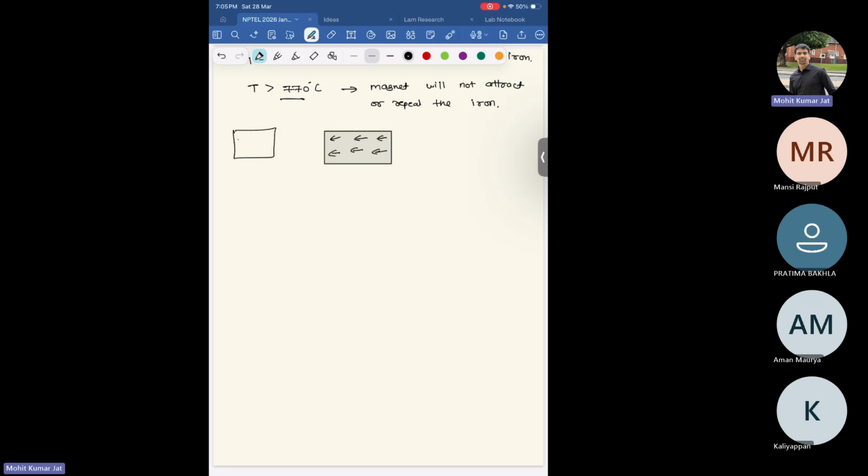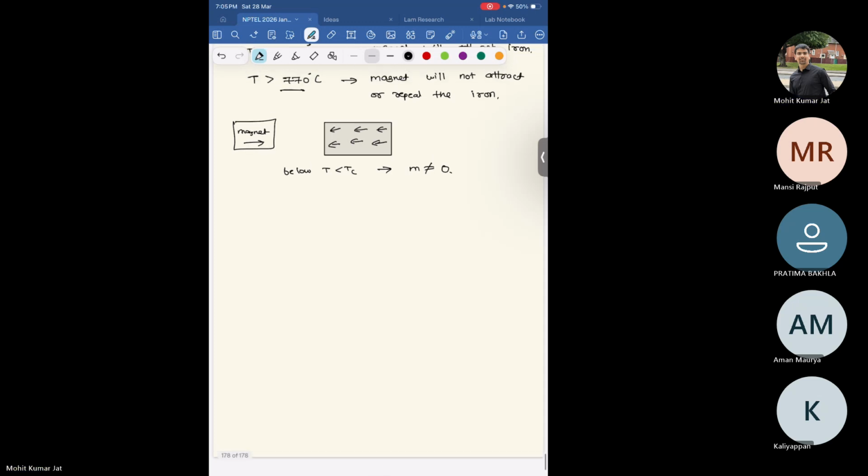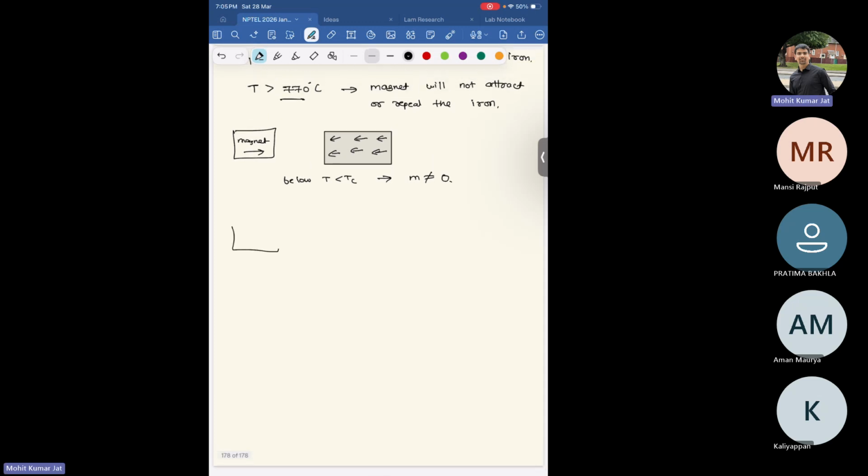This is your magnet. So your spins align below T equal to Tc. That means M is not equal to zero, magnetization is not equal to zero. But if you have a system where T is greater than Tc, your spins will be randomly oriented because of the thermal energy.